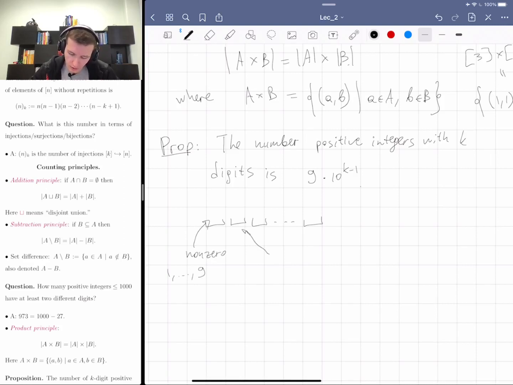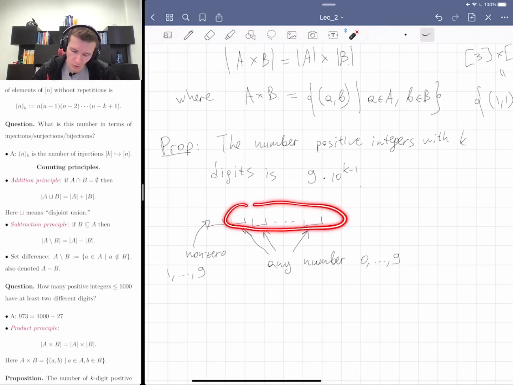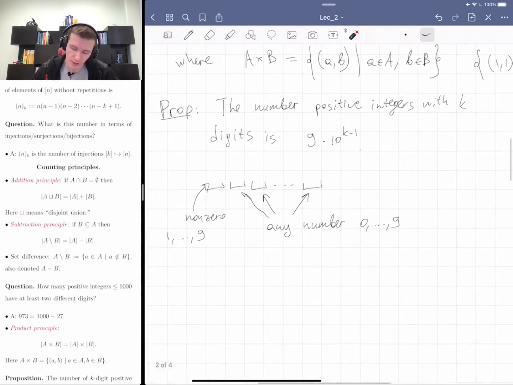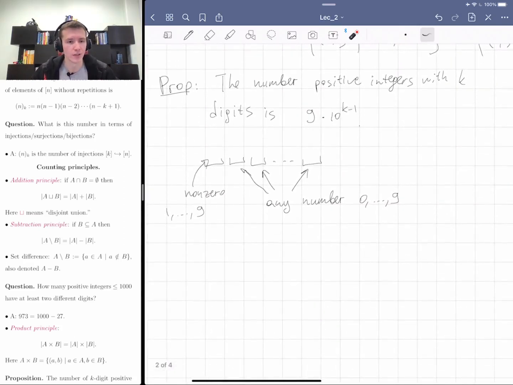But then all these other places can have any digit between 0 and 9. So there are k minus 1 spots where there are 10 options, but for the first spot you only have 9 options. And then because any combination would work, you iterate this product rule, to just multiply the numbers of options. And it's kind of similar to how we computed n factorial.